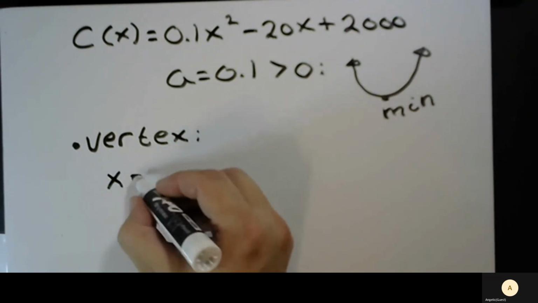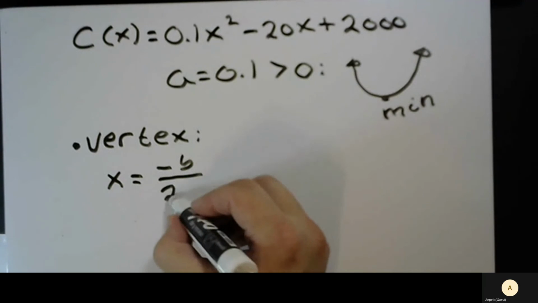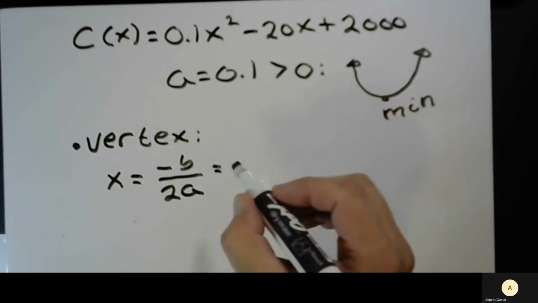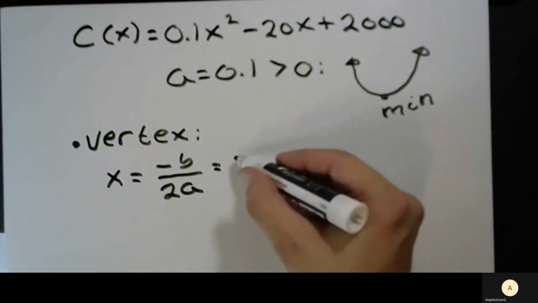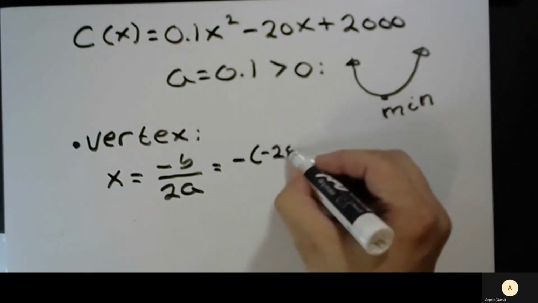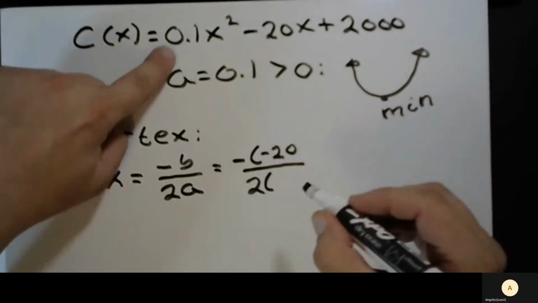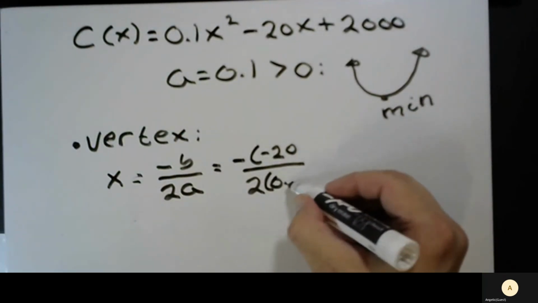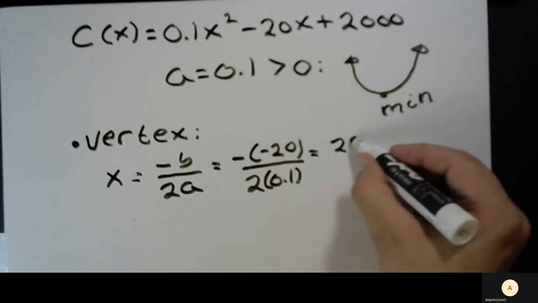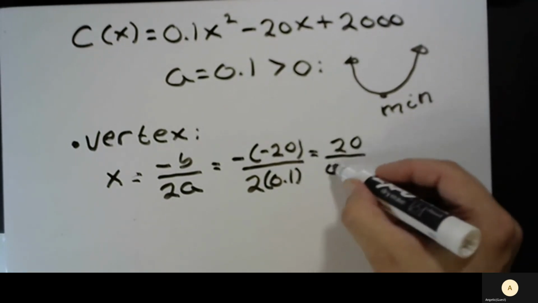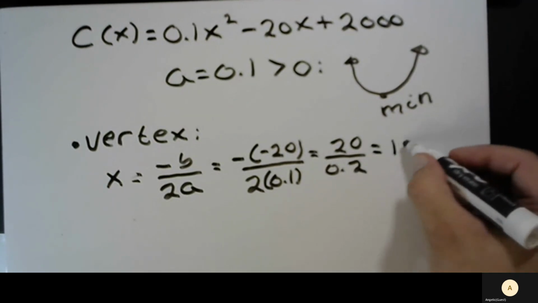So x, remember x is the number of lenses, is negative b over 2a. Now b is negative 20, so you have negative negative 20 divided by 2 times a, which is 0.1. Or 20 divided by 0.2, it's going to be 100.